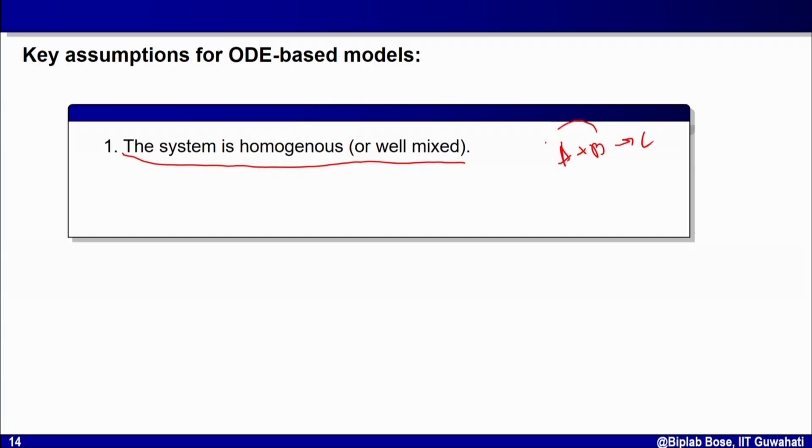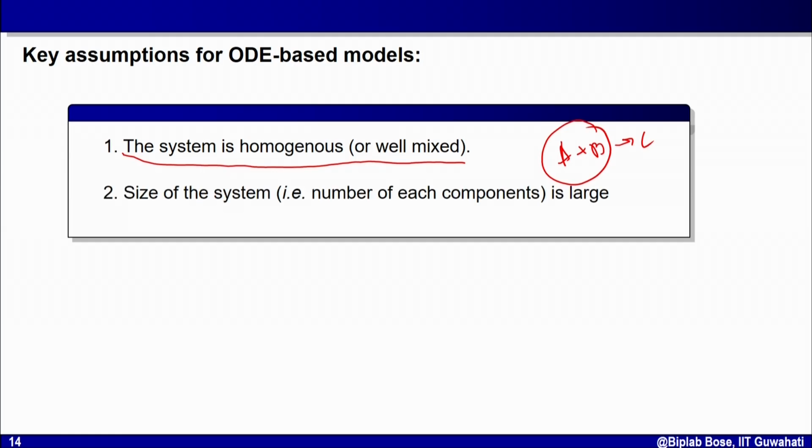So we have to make sure that A and B are very well mixed, so that I can imagine the concentration of A and concentration of B are always the same across the whole flask. This is one basic requirement if you have to make an ODE based model, and you have to make sure that in reality that is true for your model.